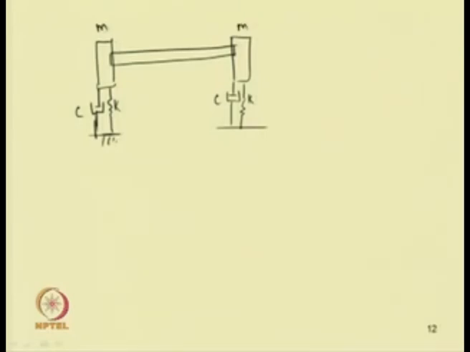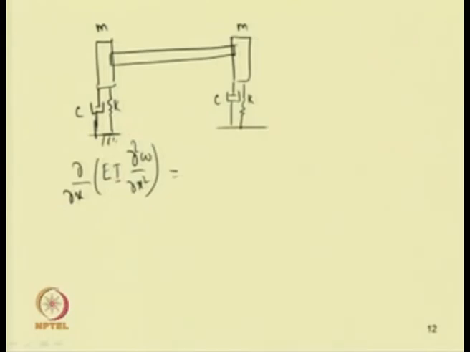Then at this end, the shear force will be equal to the inertia force plus the damping force and plus the stiffness force. So, one can write ∂/∂x of (EI ∂²W/∂x²). This is the shear force, that is the rate of change of the bending moment equal to shear force.